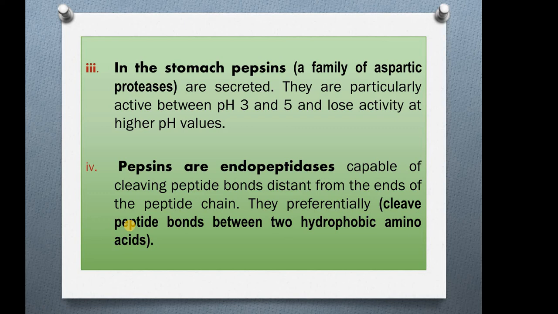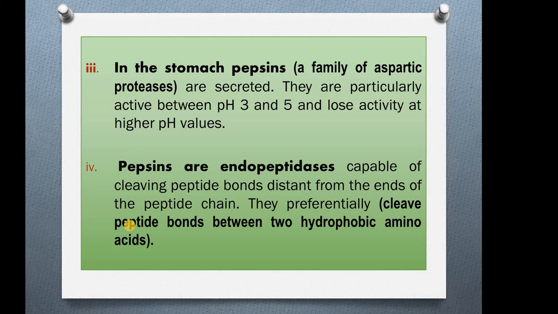That means it's capable of cleaving peptide bonds distant from the end of the peptide chain. Endopeptidase يقدر يكسر يعني few peptides in the ending of this peptide chain. They prefer cleavage of peptide bonds between 2 hydrophobic amino acids.